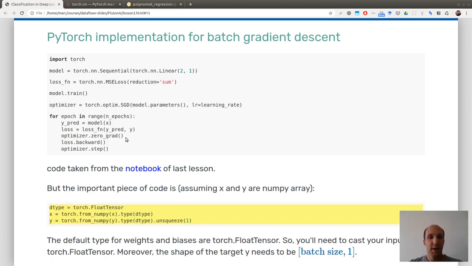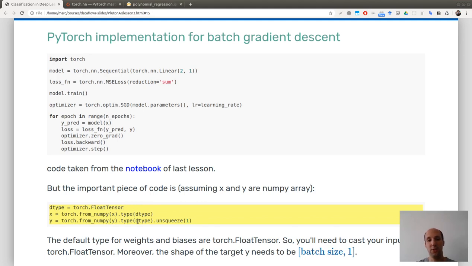So this is the easy part, but what can take a little bit of time when you are debugging your own code is this piece. Remember that in the last lesson we started from a NumPy implementation of regression, so all the dataset was in NumPy, and you have some perhaps not completely obvious piece of code which you need to be careful with.